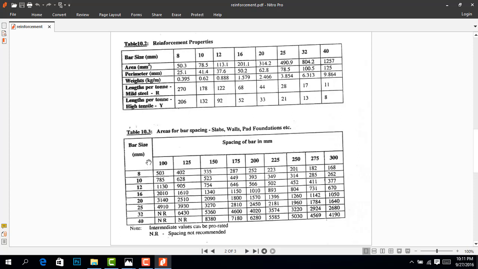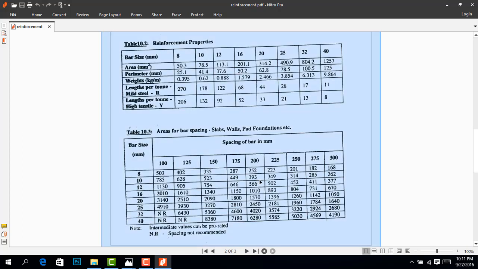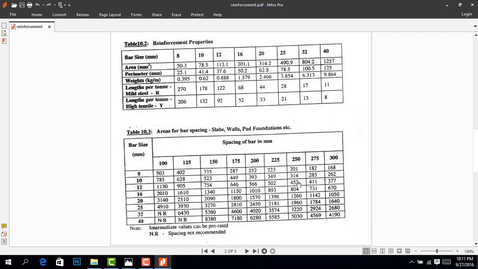So we are picking diameter 12 for bars, and now in diameter 12, if you trace down to 465.1, it is closest to this, but is below.